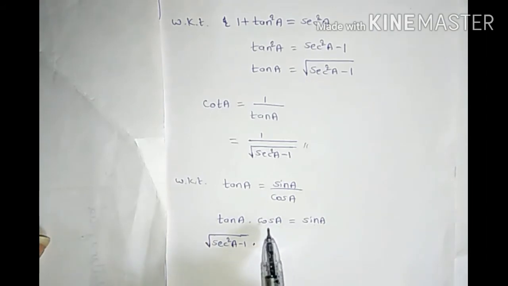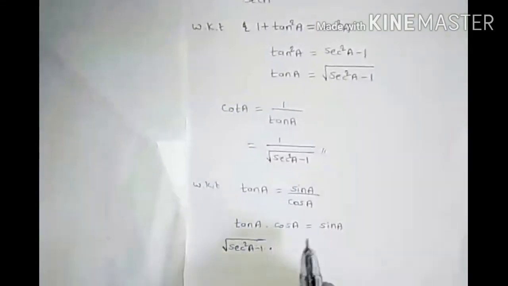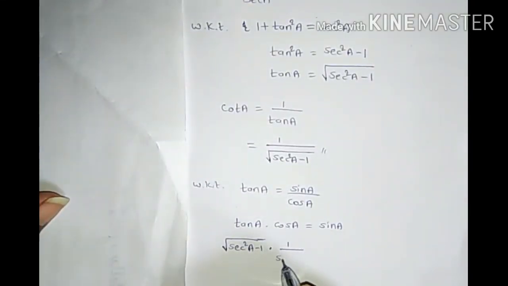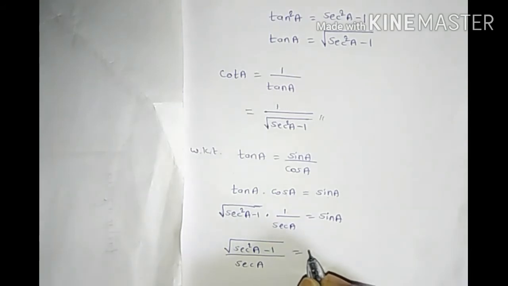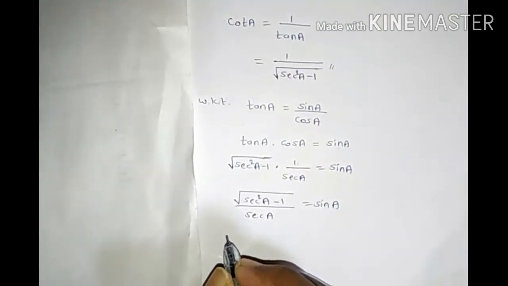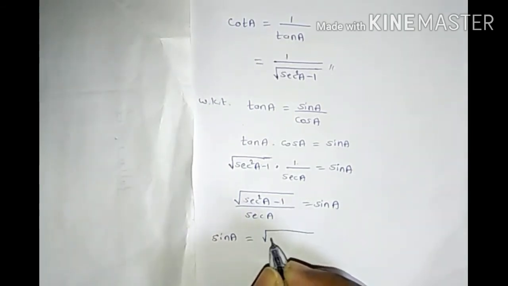Now write the value of cos A, that is cos A equal to 1 by sec A. Now we will multiply these two. It becomes square root of sec square A minus 1 divided by sec A equal to sin A. We can also write it as sin A equal to square root of sec square A minus 1 divided by sec A.